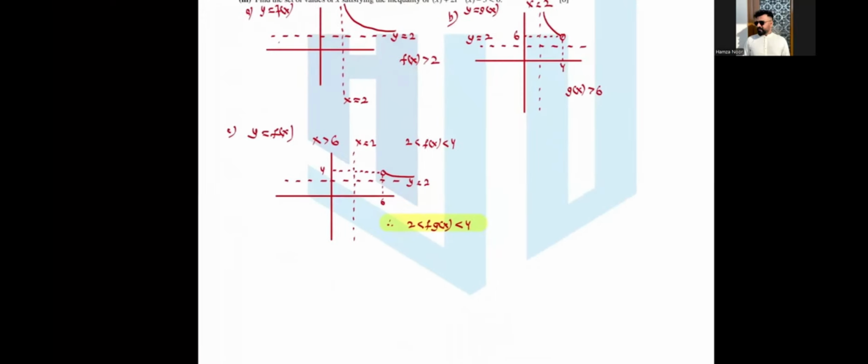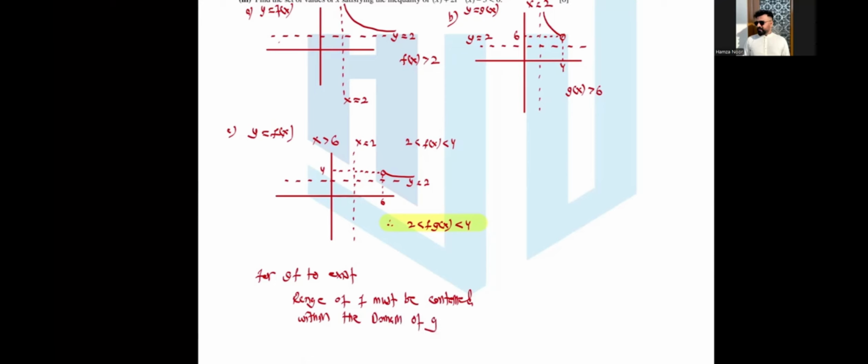For gf to exist, the rule is that the range of f must be contained within the domain of g.